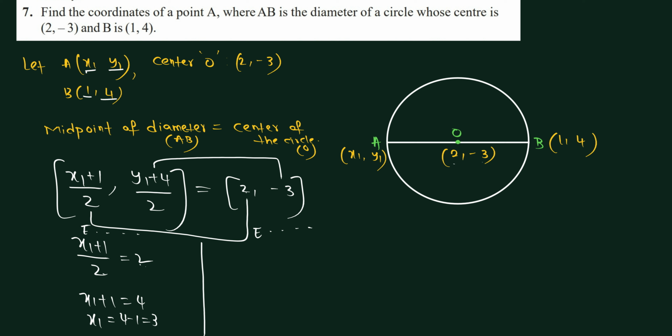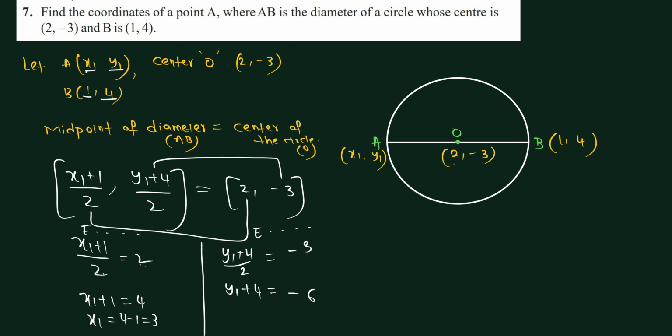Okay. So what is the y coordinate we have here? (y1 + 4)/2, and y coordinate we have here is -3. Okay. So by 2, when you take it that side, it will become into 2. -3 into 2 is how much? -6, not plus 6. You have to say minus 6.